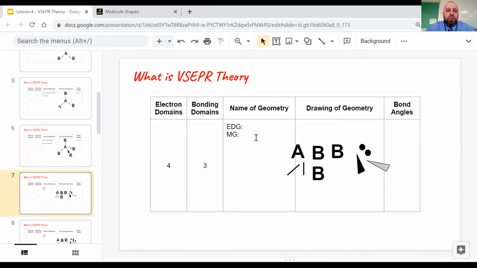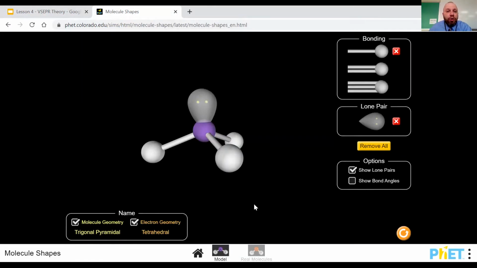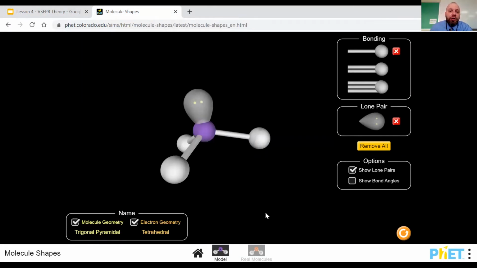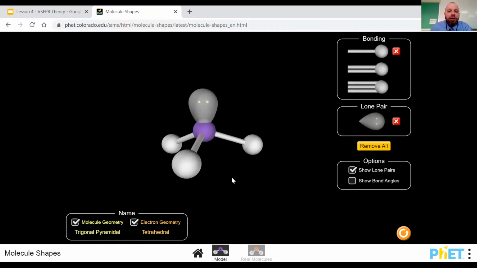In our next example, again, we have 4 electron domains. So again, at the top here, we're going to include the term tetrahedral. But this time, because one of those is not bonded, it gets a slightly different name. So if you look at this drawing, you'll notice that the name down on the bottom here becomes trigonal pyramidal, and that's because it looks like a pyramid.